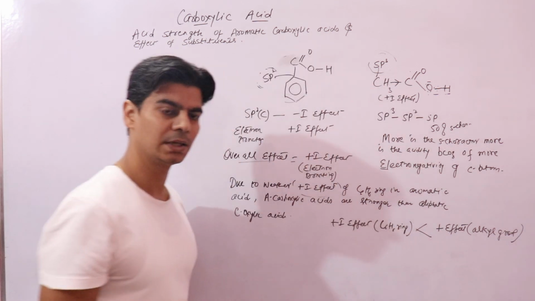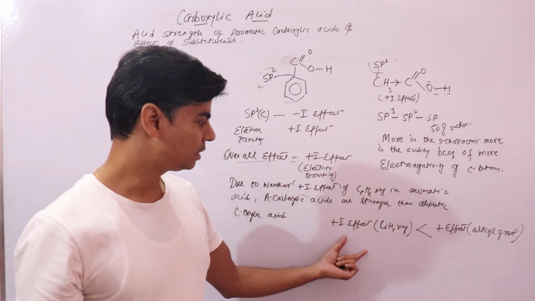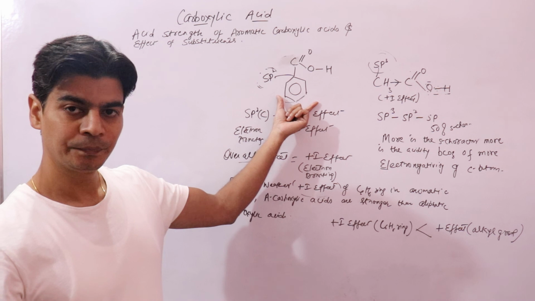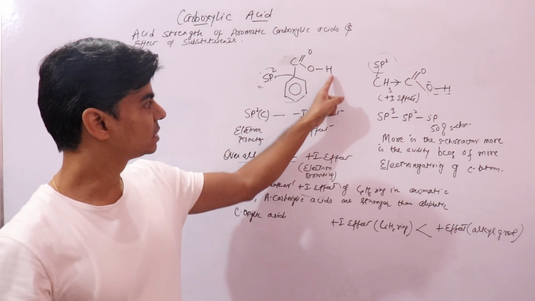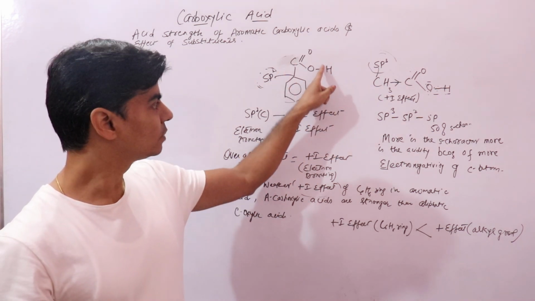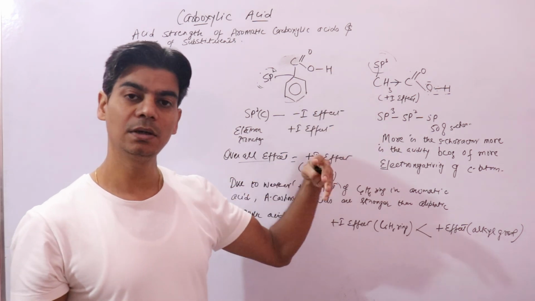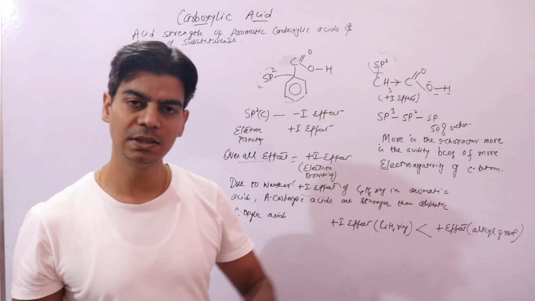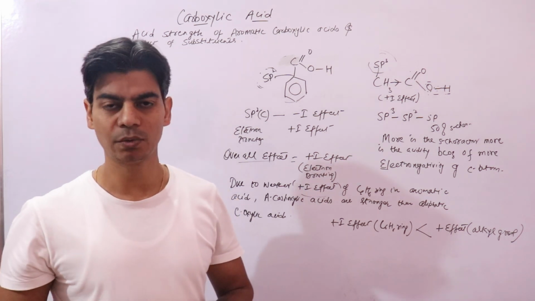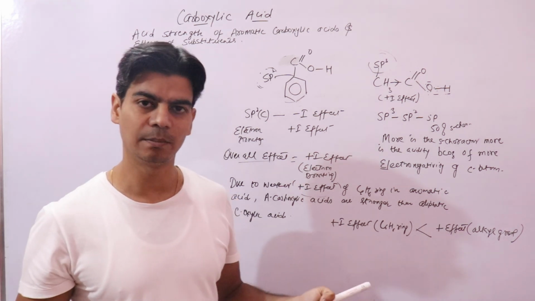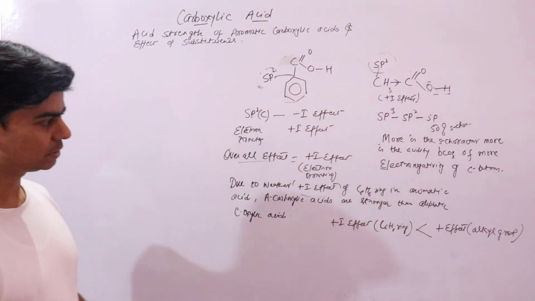Since plus I effect is weaker here, this makes this OH bond less strong, so release of hydrogen is easier. When release of hydrogen is easier, we say it's a stronger acid because it can easily release hydrogen atoms, due to which a compound is declared as an acidic compound, right? I hope this is clear.